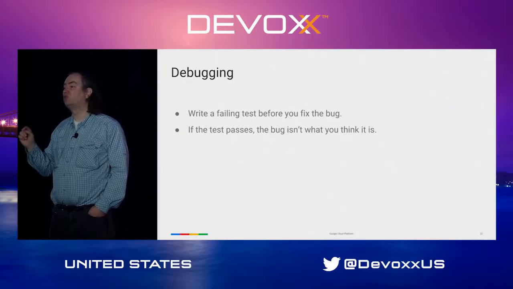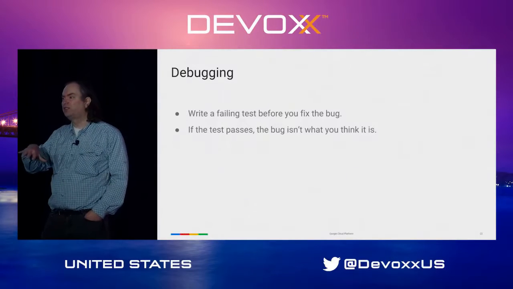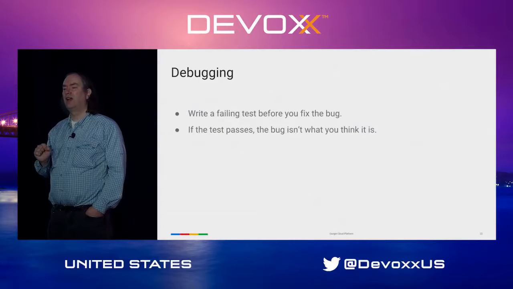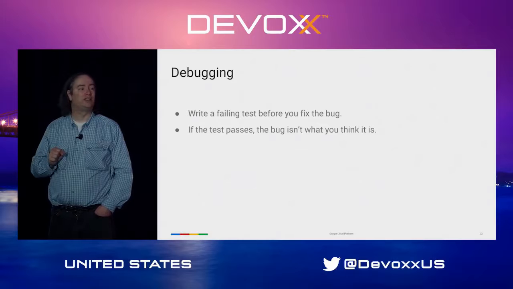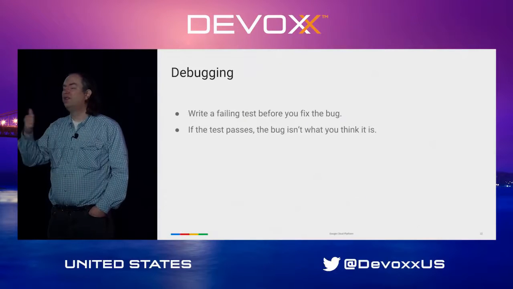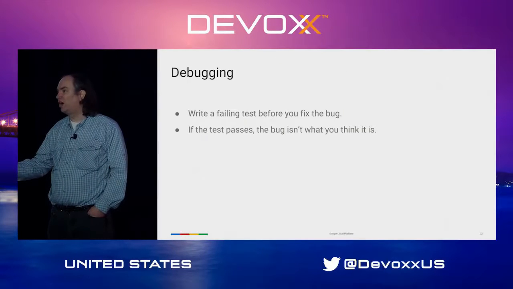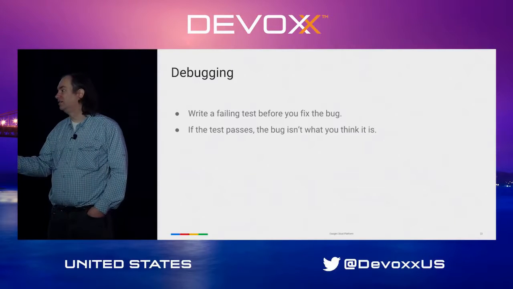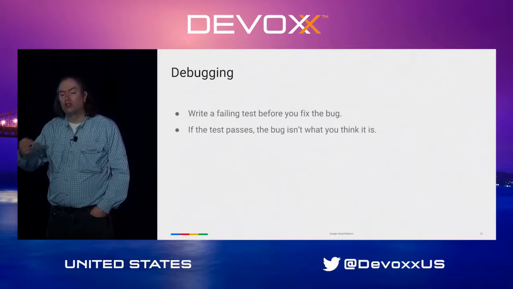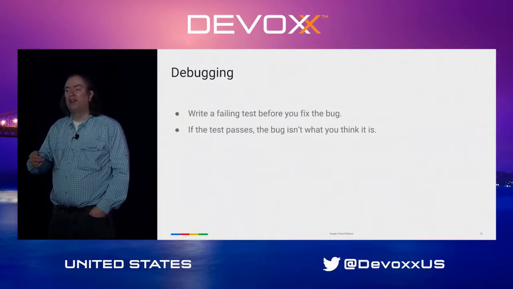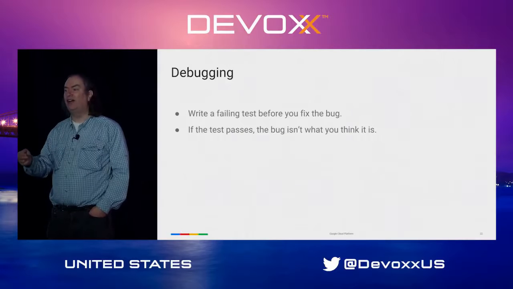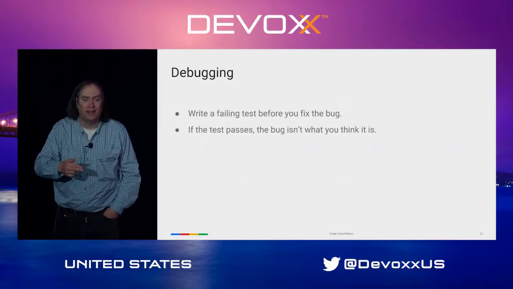Once you think you understand the bug, you write a test that addresses it, you run the test, and as often as not, the test passes and it's green, which means you didn't really understand the bug in the first place, or the bug isn't where you thought it was, or maybe the test doesn't really expose the bug. So whichever of those is true, you iterate on the test until you finally get a failing test that says, aha, now I understand the bug, and then you can start fixing it.